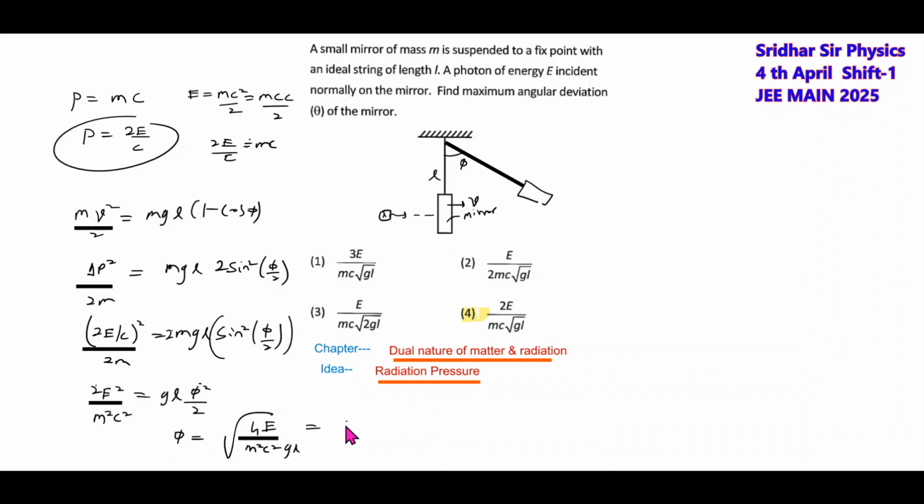So phi equals, if you take common, 2E by mc root gl. There is not much information, so I'm assuming that the mirror absorbs the photon. Based on this is what I'm able to get here. We'll move to the next question.